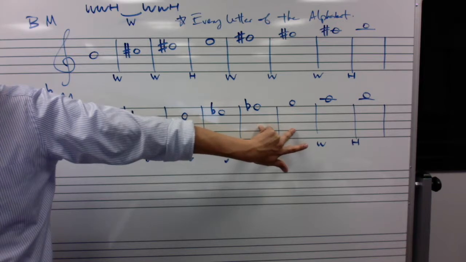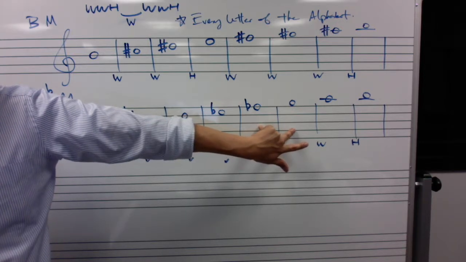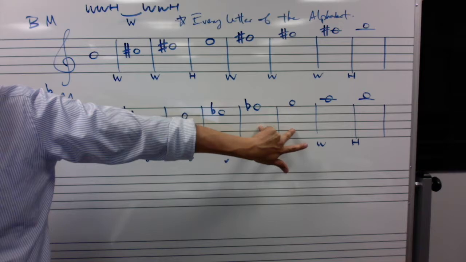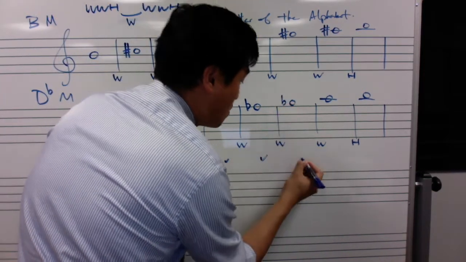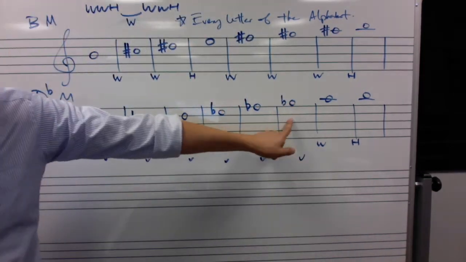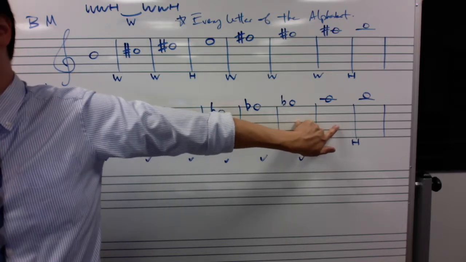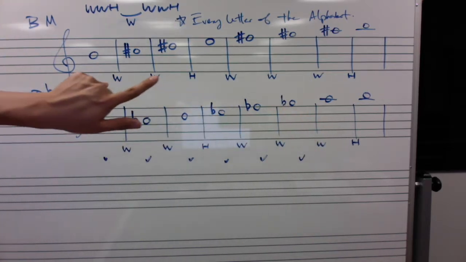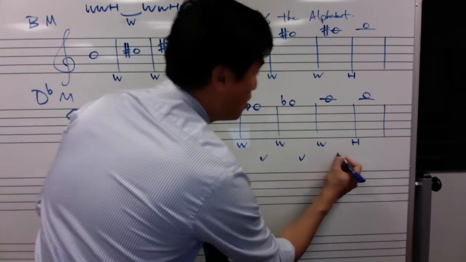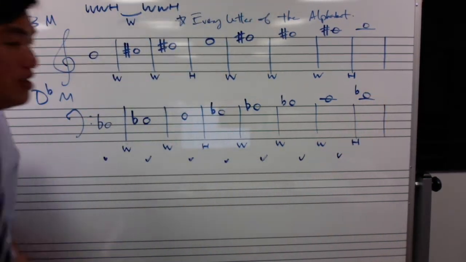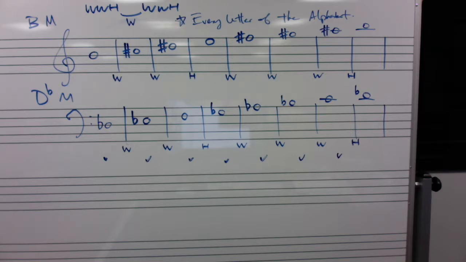And from A flat, where is the next whole step? B flat. Right? And then from B flat to C, is that a whole step? Zana, is that a whole step? B flat to C? Yeah. And then we're back to D flat. So that is the major scale starting on D flat.